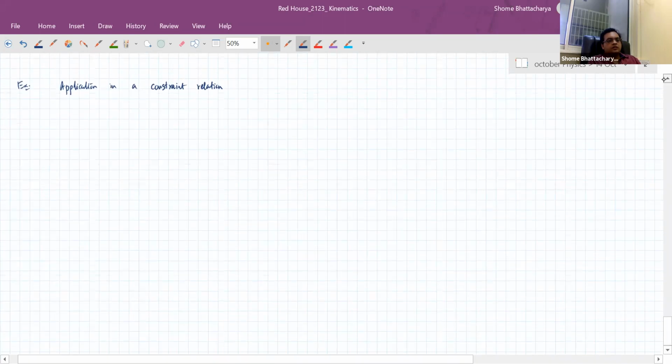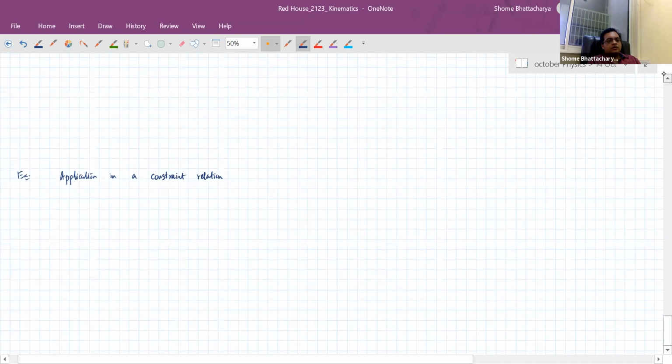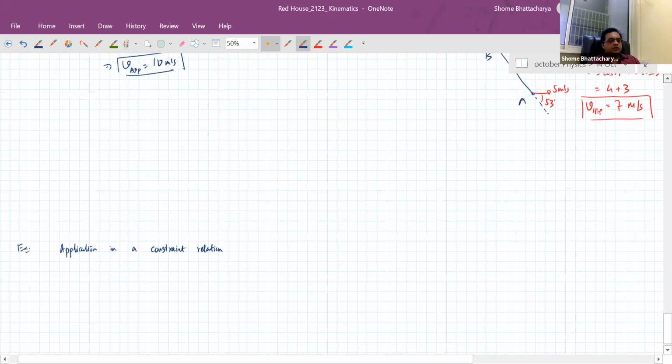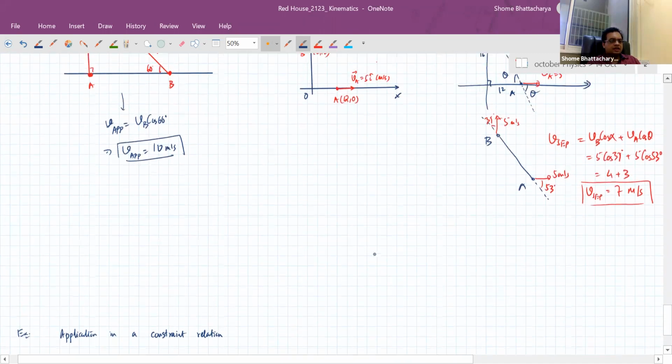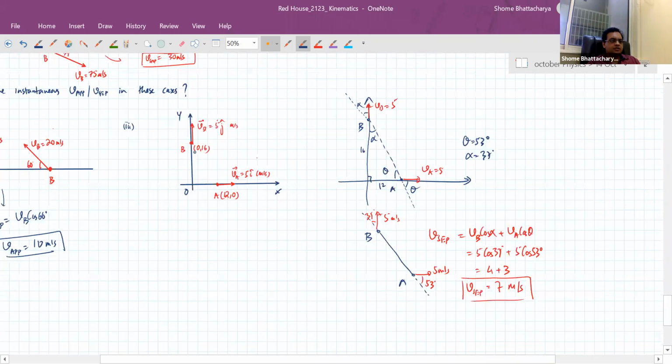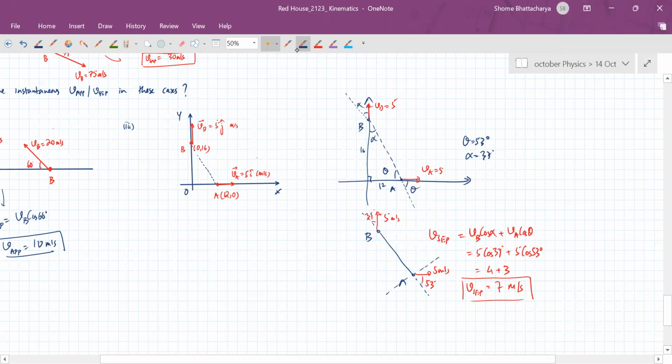So see, now in this one, concentrate on the series of diagrams and especially the last one. This last diagram is this one only, but I've just shown it in a separate diagram. So this is the line joining A and B. Now you notice that A has a velocity in this sort of direction, no? It has a component going away.